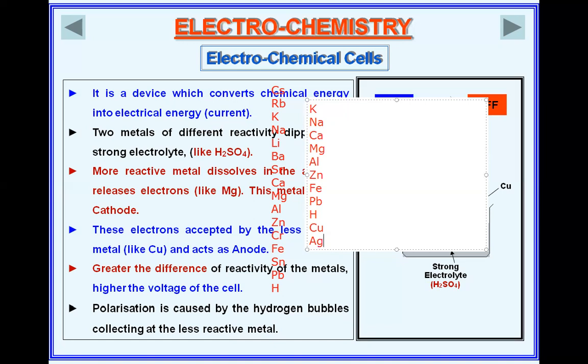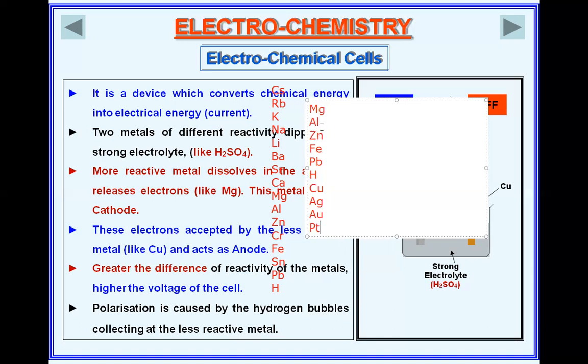I can use any metal present in the series, but not calcium, not sodium, not potassium, because these metals are readily soluble. If I use gold, then platinum, so this is called the difference between the reactivity.